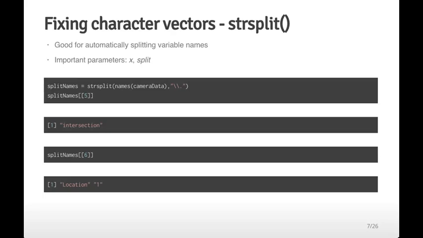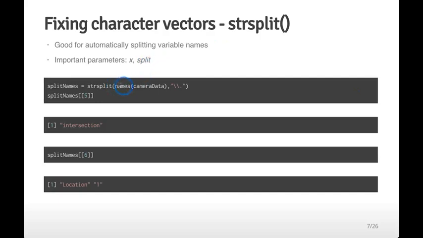You apply strsplit to a vector of characters, and what it returns is a list where, in each element of the list, the character at that position in the vector has been split at the argument that you define by split.